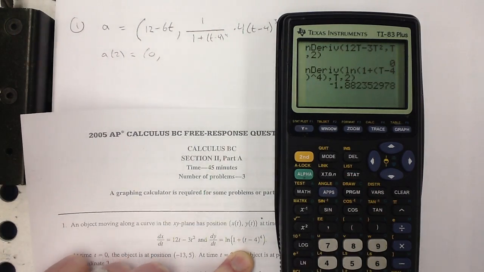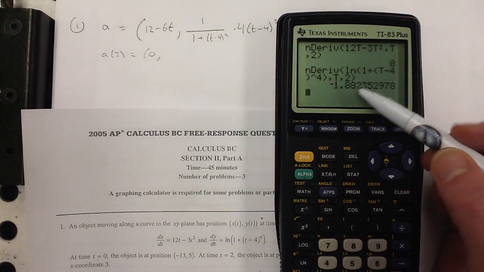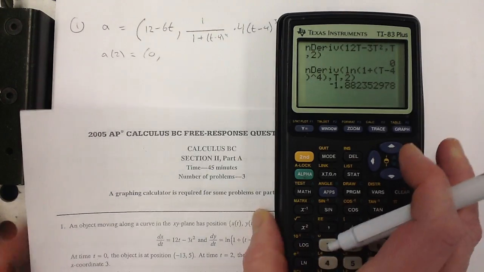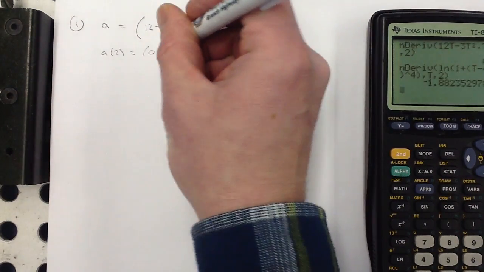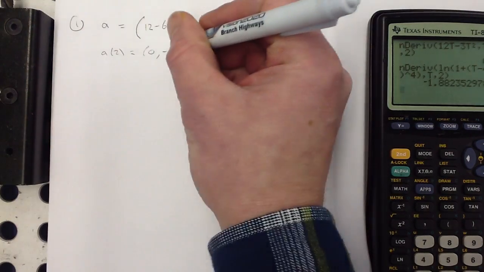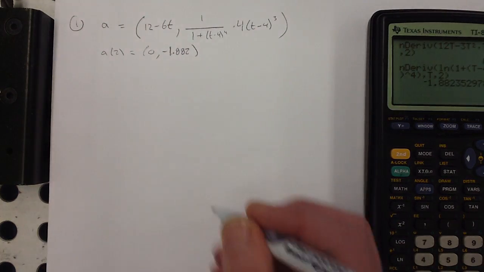And that is, to 3 College Board decimal places, negative 1.882. There's the acceleration. Now we want to find the speed.